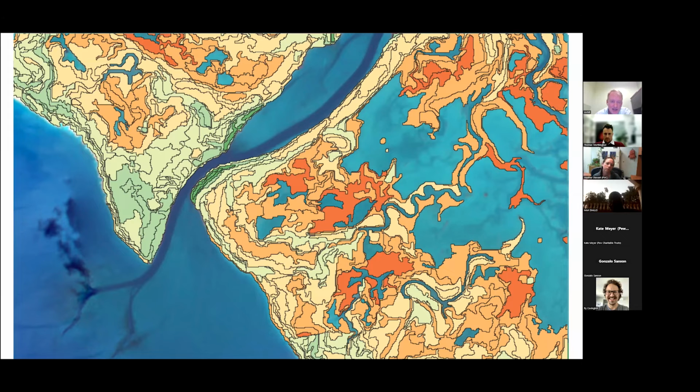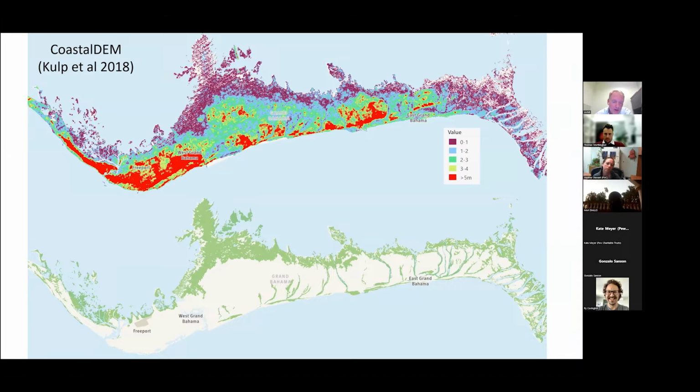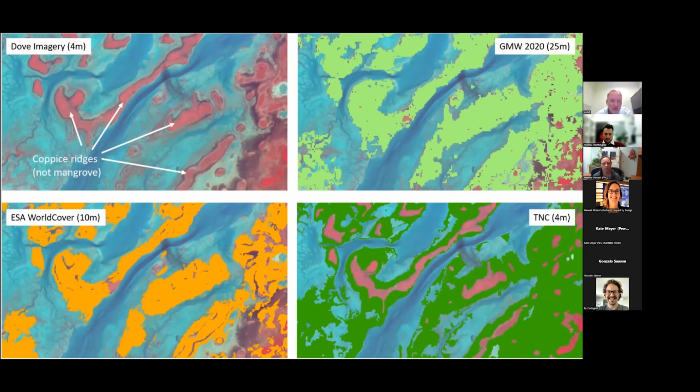And then we can bring in elevation to try to separate out where we're most likely not going to see mangrove. But really, we want to get at a product where we're going down to that finer resolution and trying to separate out that distinction between the broadleaf and the mangrove. And elevation is really the driving factor there.